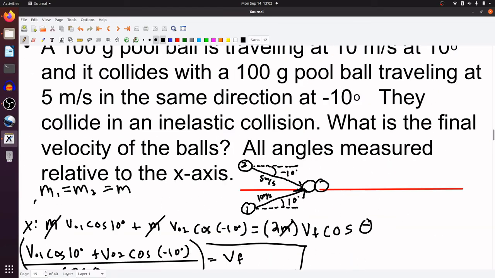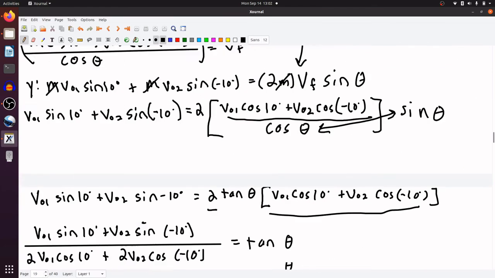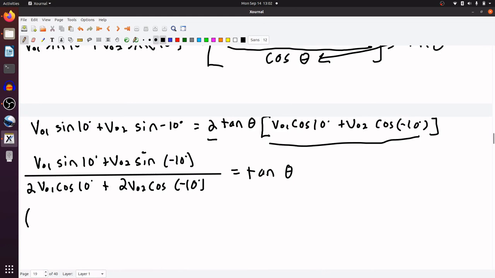V naught 1 we decided was a 10. So there is 10 meters a second sine 10 plus 5 meters a second sine negative 10.